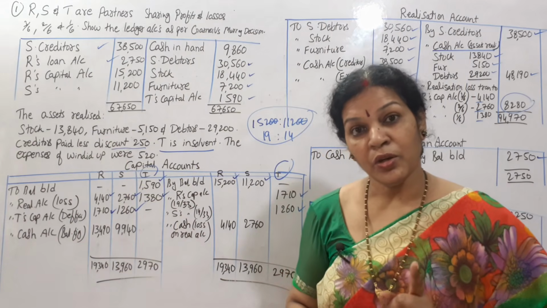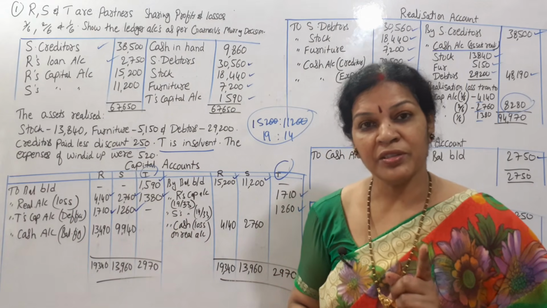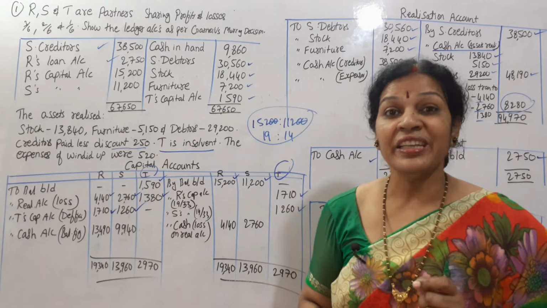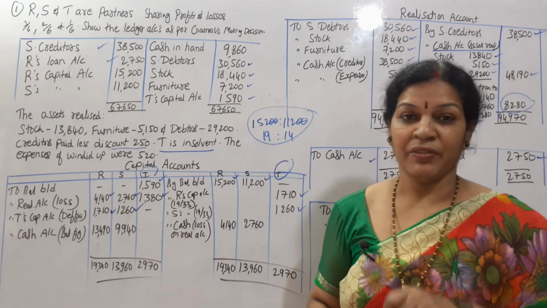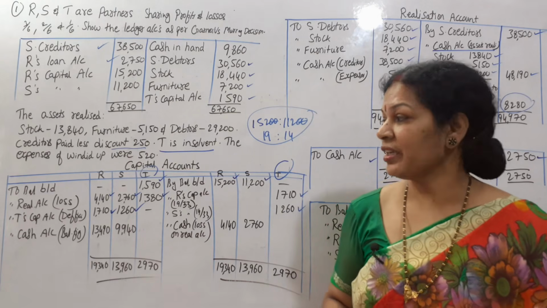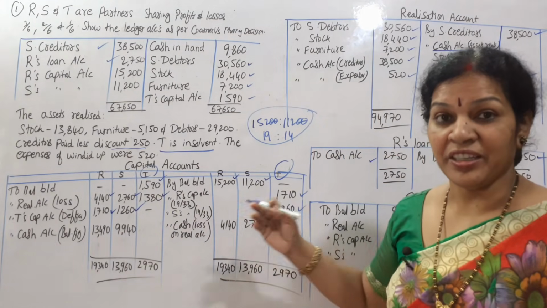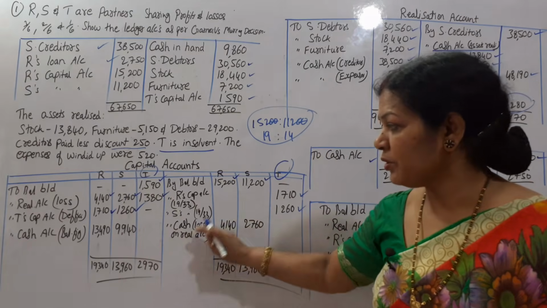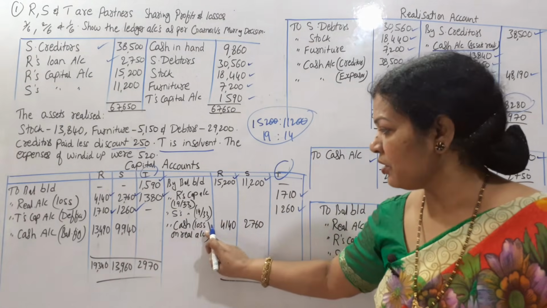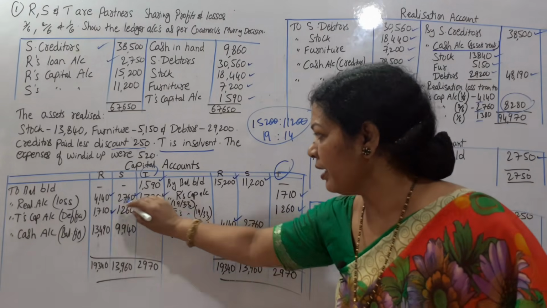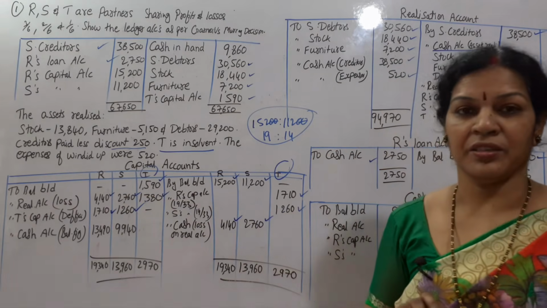And also, who has to bear the loss? Solvent partners. They have to bring this loss in cash. When they bring the loss in cash, that will be written on the credit side. So we'll say by cash, loss on realization account, this one, 4140 and 2760.